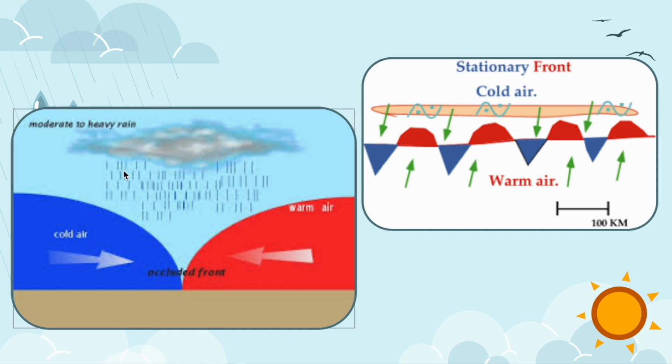So here is the symbol. It's just one pointing one side, one pointing the other side. The triangles are blue and the semicircles are red. Here you can see how the warm air mass and cold air mass are just pushing together, but neither is taking over the other, so it's just stuck, for stationary.